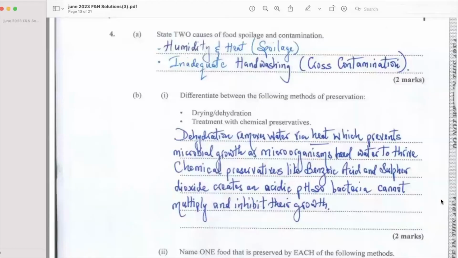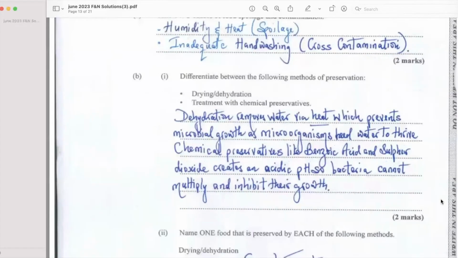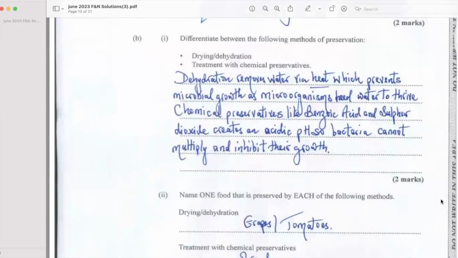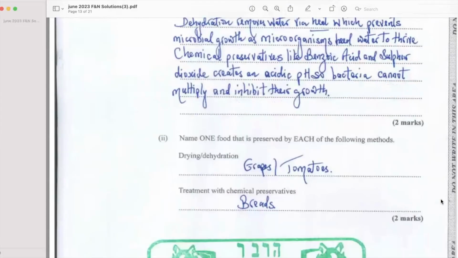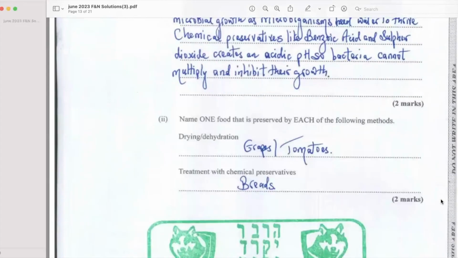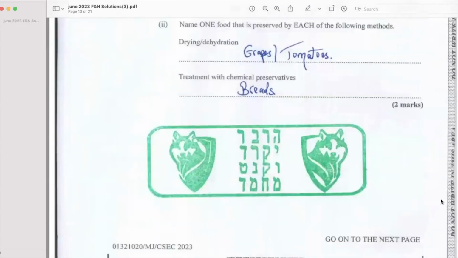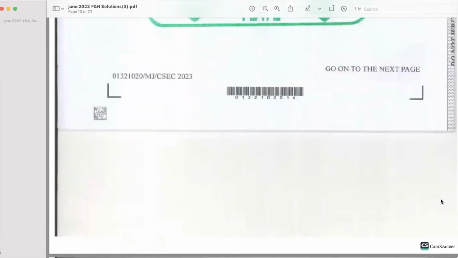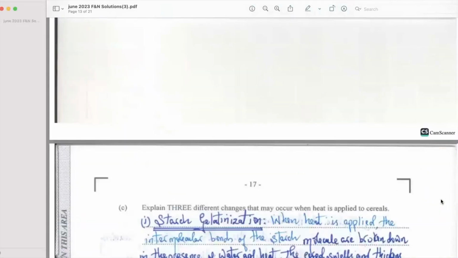So the sugar will be that preservative, chemical preservation, sorry. Name one food that is preserved. So drying, so you have dried grapes, you have dried tomato, you have coconut, and this goes on. Treatment with chemical, so you have bread. So the chemical would be like the yeast in the bread or sugar. Right.